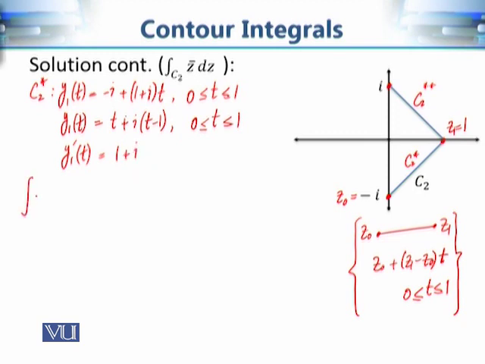Now let's evaluate this contour integral along the contour C2 star. We are going to write down f of y1 of t, and y1 of t is minus iota plus (1 plus iota) t, or in other words t plus iota (t minus 1). Since the function is z conjugate, we are just going to write down the conjugate of t plus iota (t minus 1).